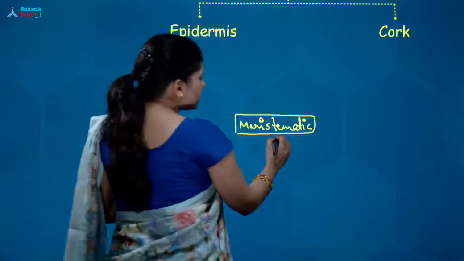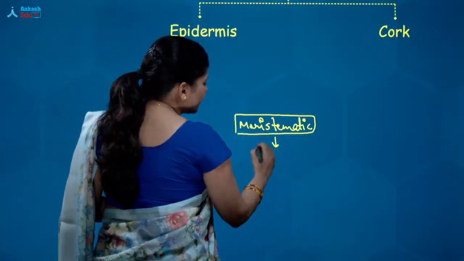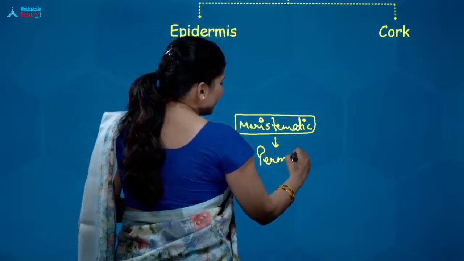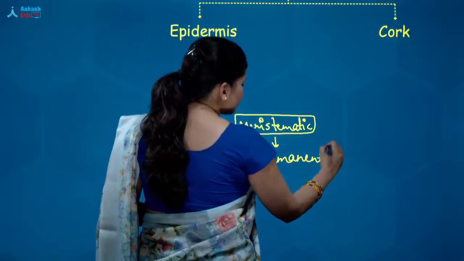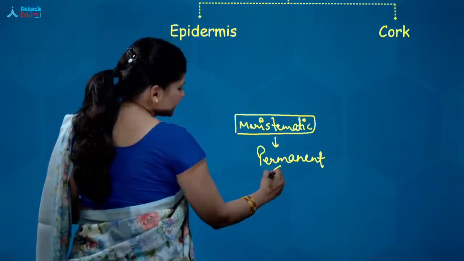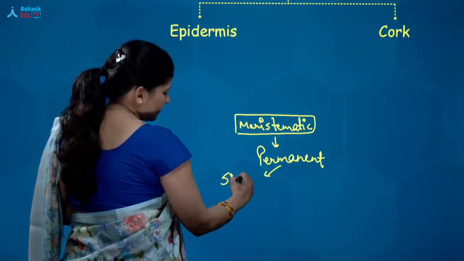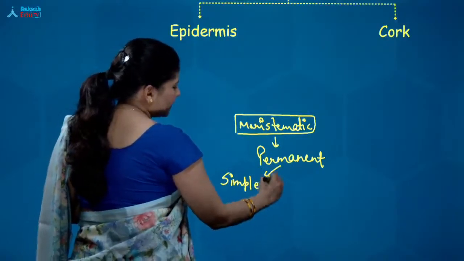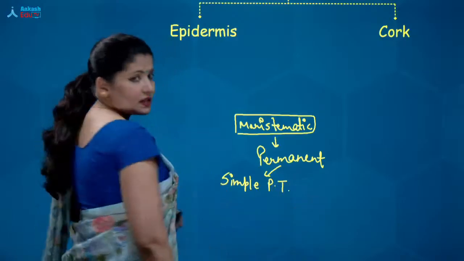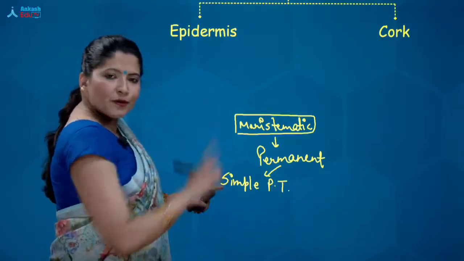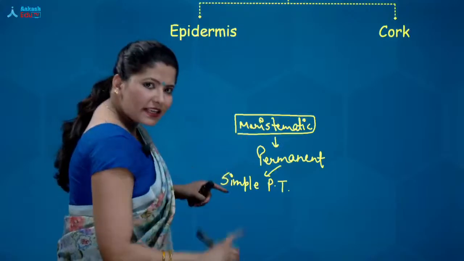So this meristematic tissue leads to the formation of permanent tissue. And in case of permanent tissues, we were discussing simple permanent tissues. Simple permanent tissue में हम लोगों ने पढ़ा parenchyma, collenchyma, sclerenchyma.